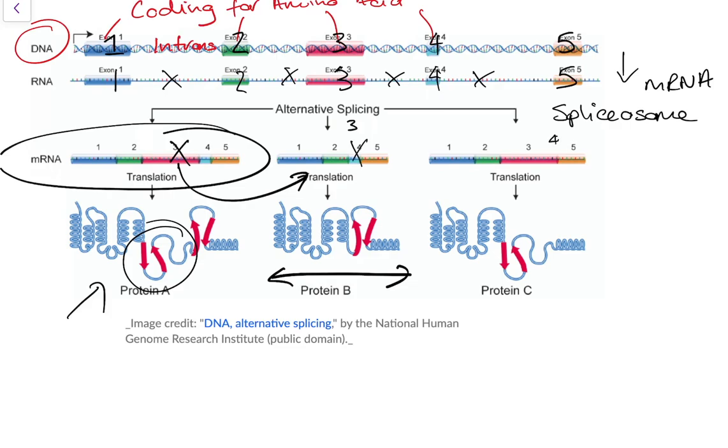Region 4 was chopped out of this one. So you can see this fold is missing over there. So using the same gene, this is one gene, by splicing together different exons, we can end up with different versions of the protein or the polypeptide.